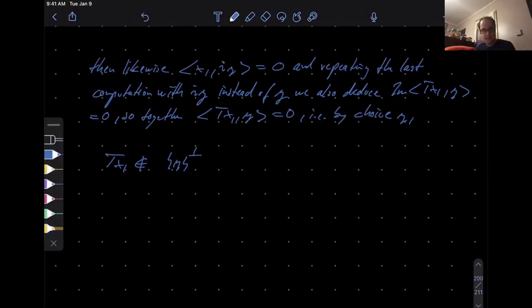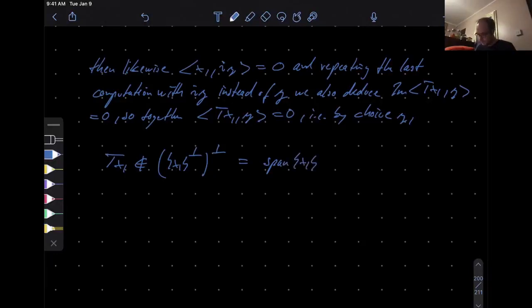But y is orthogonal to x1, so if you want to write it like this, then you have two orthogonal complements. But this we know from the exercise. The orthogonal complement of the orthogonal complement of a subspace is the closed subspace. Here x1 is not a subspace, but you can do a similar exercise. That turns out to be the span of x1.